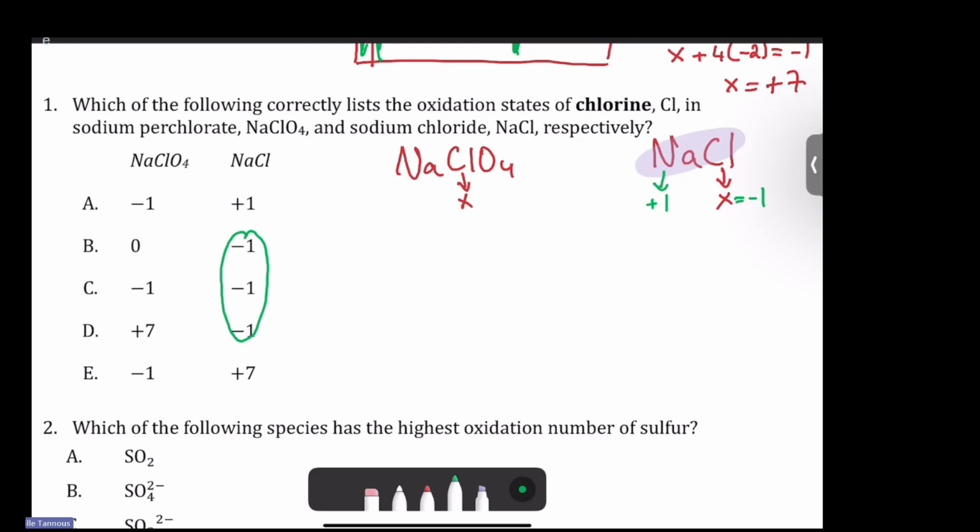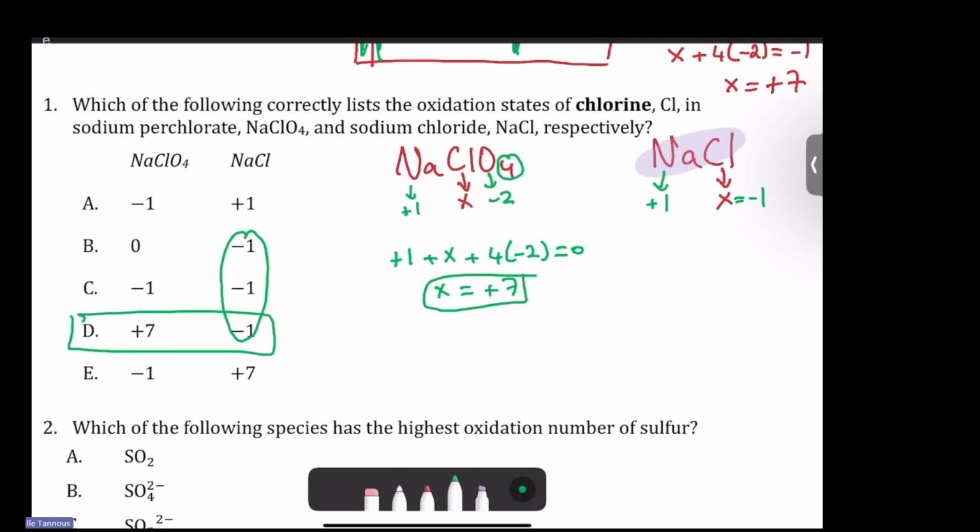Now, again, O is -2, and Na is +1. So +1 plus x plus 4 times the O times -2 equals 0. X is +7. So that's the oxidation number of Cl in these two compounds.